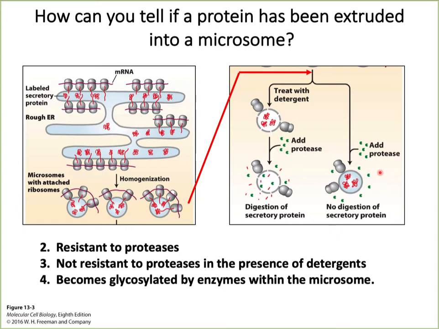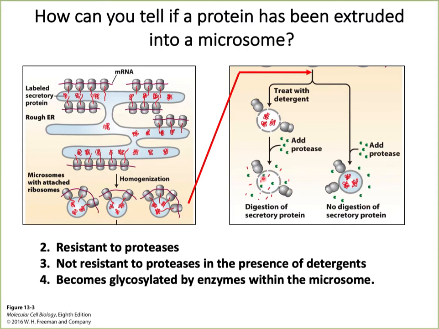and there is no degradation of the proteins by the addition of these proteases. Now what you can do is add detergent to this microsomal fraction, and these detergents can disrupt the architecture of the membrane. We discussed this in the last topic. What will happen is that small pores or disruptions will form in the membrane. Then subsequently, if you add protease, the proteases will enter the lumen and hydrolyze those proteins.